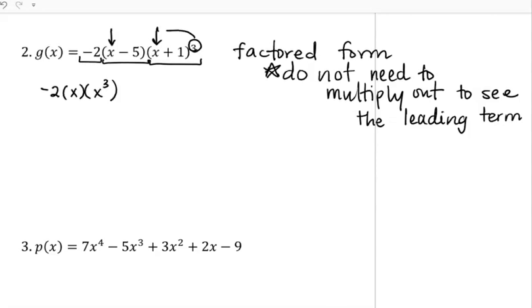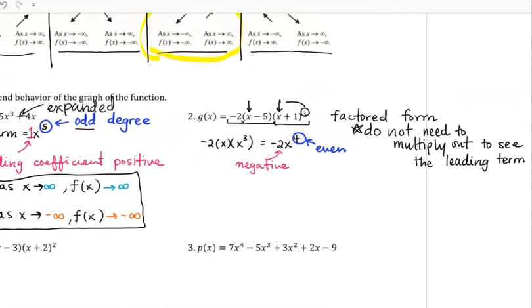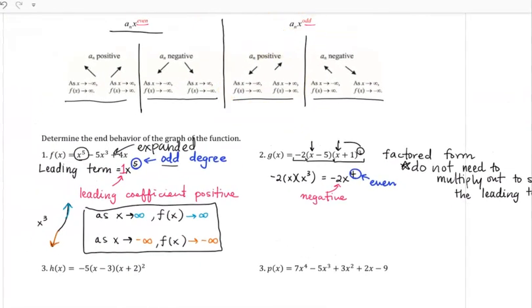So if I were to multiply all of this out, the leading term would be negative 2x to the 4th. What's important about that is that the 4 is even, and the negative 2 in front is negative. So we are dealing with a polynomial whose leading term has an even degree and is negative. So now I'm looking at the even side with negative leading coefficients.